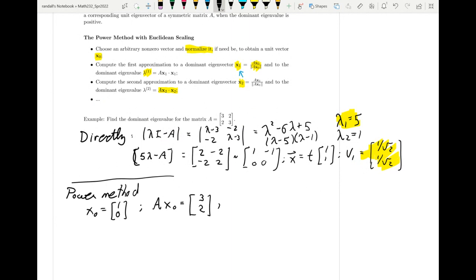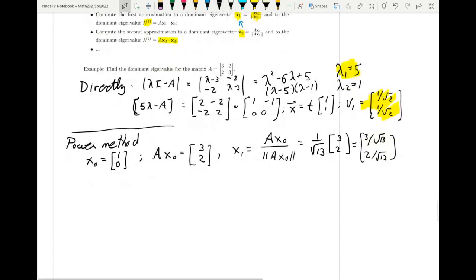My second vector in the sequence will be x1, which is this vector Ax naught divided by its norm, which you can compute to be 1 over root 13 times (3, 2). So I can write this as (3 over root 13, 2 over root 13). So there's my normalized vector x1.